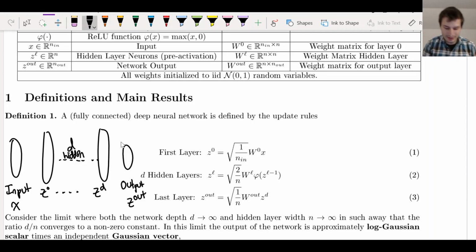So we're applying the hidden layer operation d times. The first layer, that's going from the input to the first hidden layer, is just a linear layer. That's why it's just a matrix multiplication, no nonlinearity. So this is linear. The hidden layers are all linear, but by applying this nonlinearity function phi, it becomes a nonlinear function.